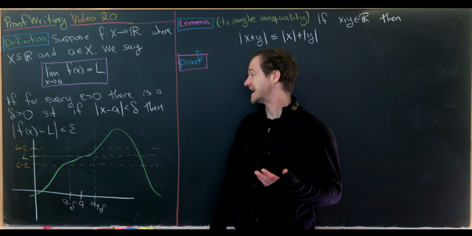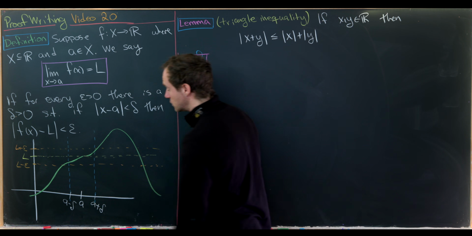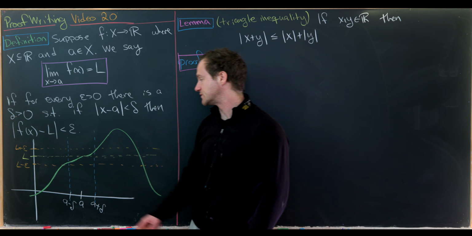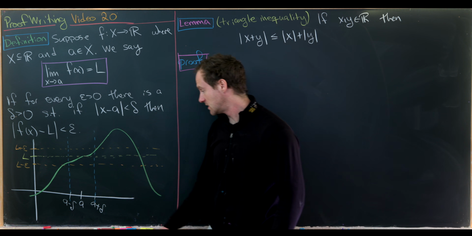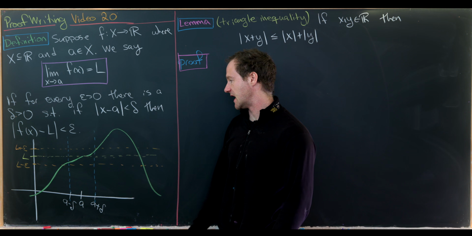And then this existence of a delta tells us that we can get close enough to a so that the graph is always within this epsilon band for the inputs that are, like I said, close enough to a.